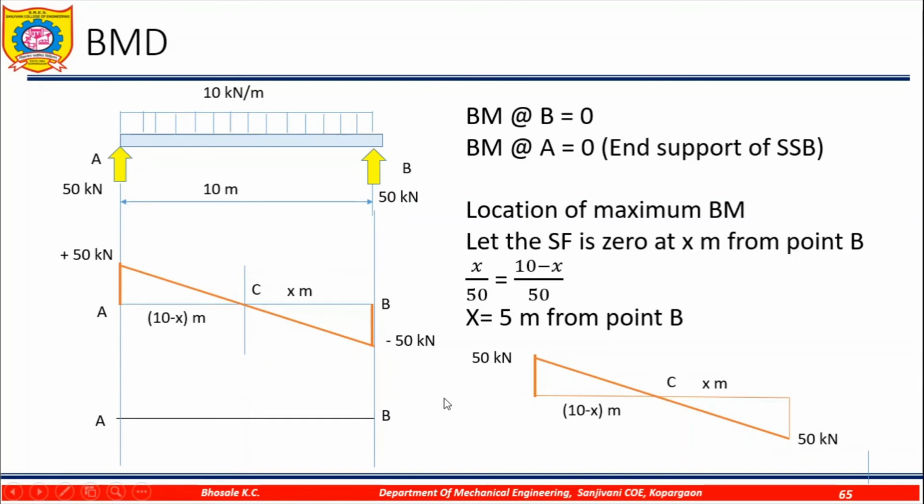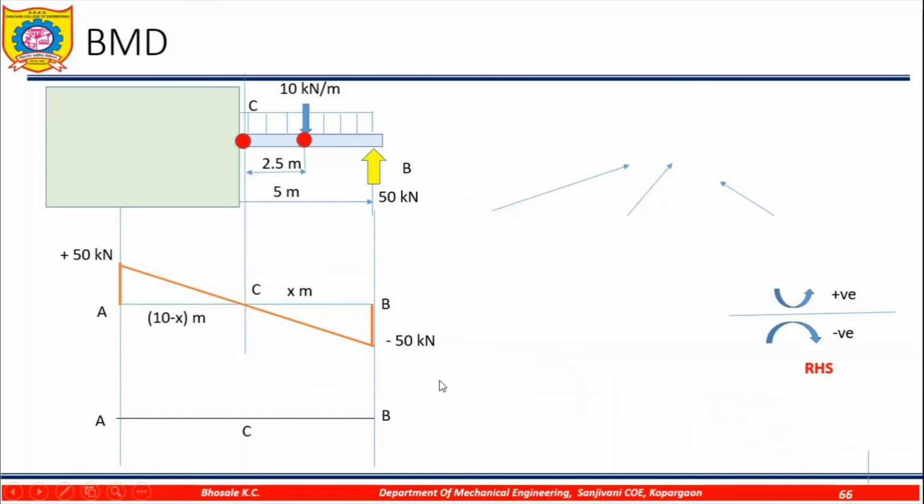We'll find the value at that point. C is the point. We consider the UDL up to point C only, and then find the bending moment. The reaction 50, with distance between B and C of 5, gives 50 into 5, going in the anti-clockwise direction, so a plus value.